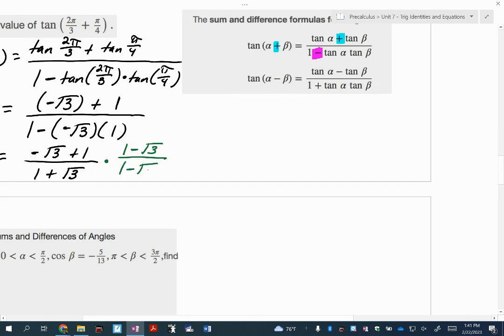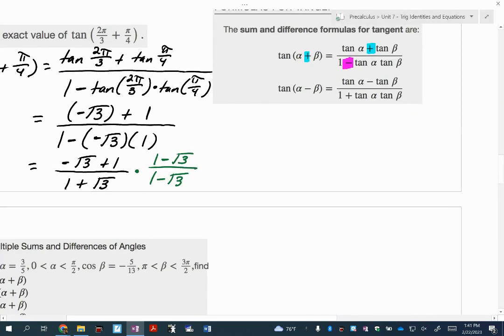You'll notice that the conjugate is essentially you copy the denominator, but you change the sign. So when I multiply in the denominator, you'll notice the middle terms will make 0. So that's 1 minus 3, the square root of 3 times the square root of 3, which is just 1 minus 3.